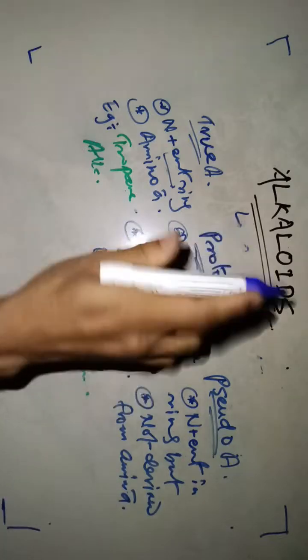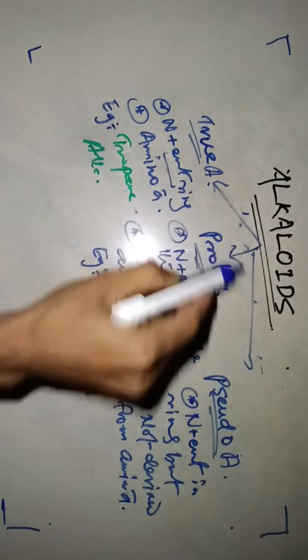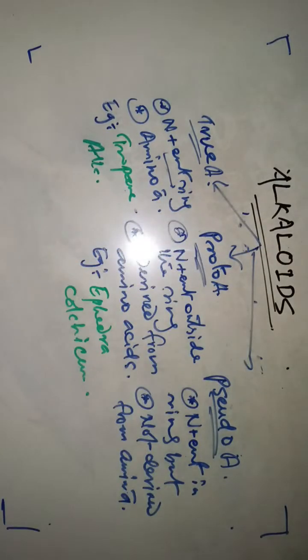Okay, so these are the three different classes of alkaloids. Number one is true alkaloid, number two is protoalkaloid, and number three is pseudoalkaloid. True alkaloid has nitrogen in the ring, protoalkaloid has nitrogen outside the ring, and pseudoalkaloid has nitrogen in the ring.